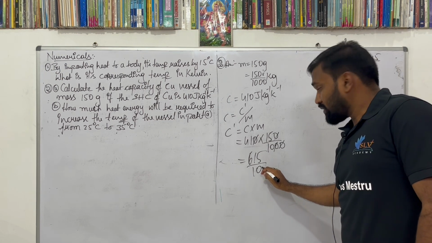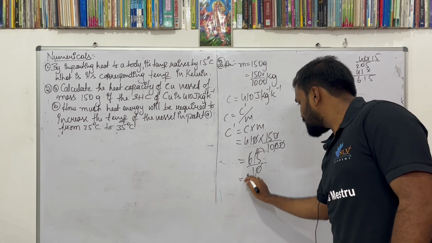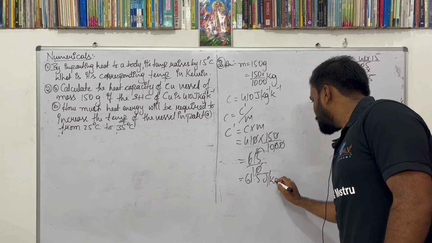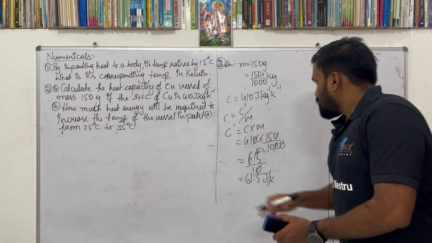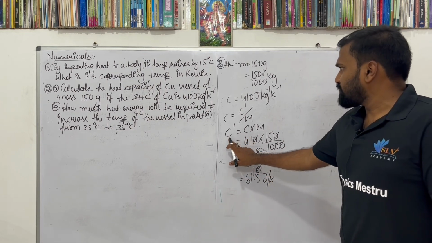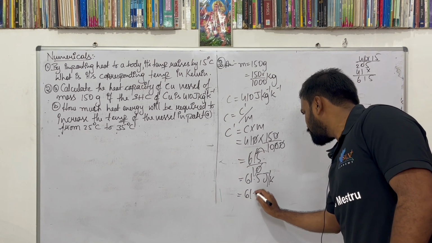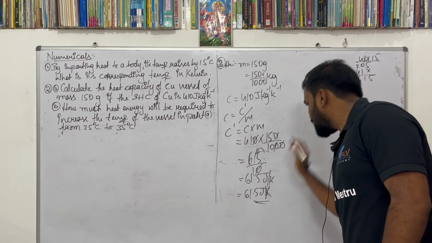If we remove this 0, we have to put the point towards the left hand side. It will become 61.5 joules per Kelvin. Sorry, joules per Kelvin. This is specific heat capacity, right? So 61.5 joules per Kelvin, that is the correct answer.